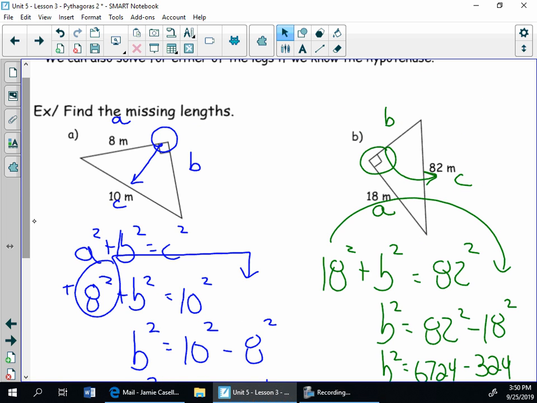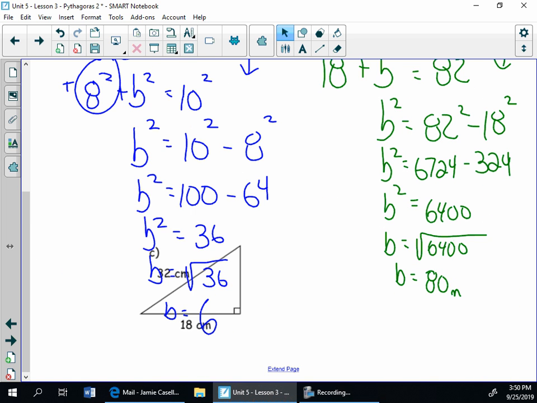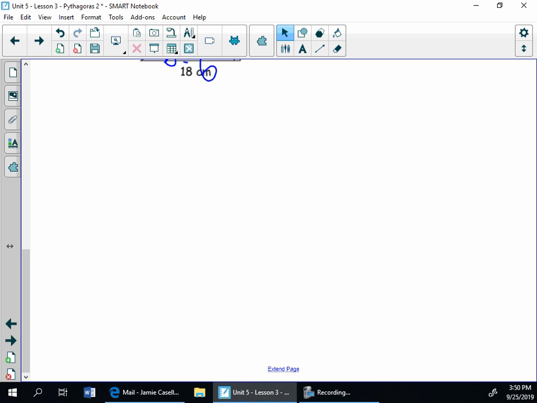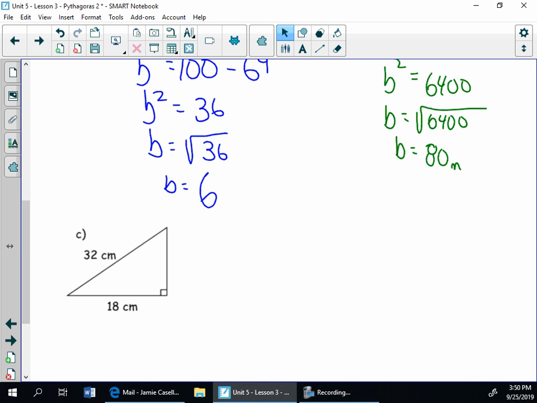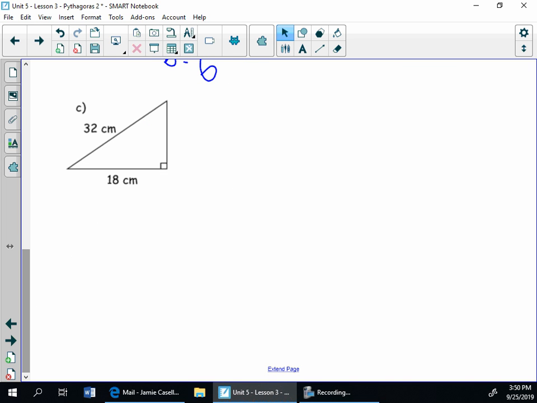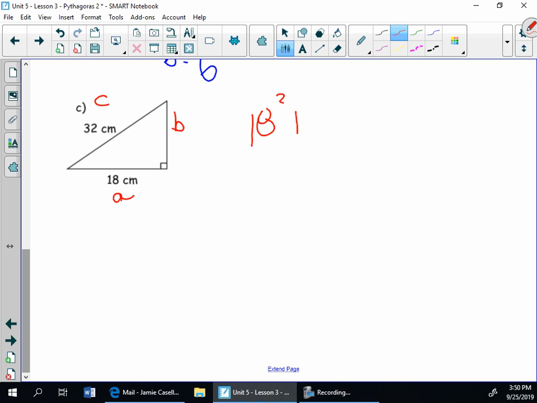I'll get you guys to try one, so pause the video, see if you can figure out how to do C. Okay. So my hypotenuse, my A, my B, A squared plus B squared equals C squared.